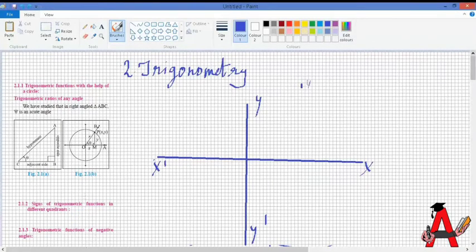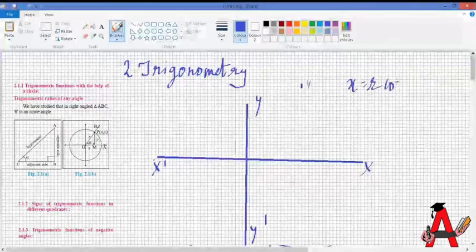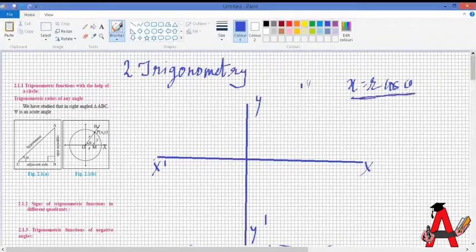I had already told you in the previous part, 2.1.1, that x is equal to r cos theta, that is, your x coordinate is nothing but r cos theta. Similarly, y is equal to r sin theta. If r is 1, your x is the same as cos theta and y is the same as sin theta. We will come on to that.